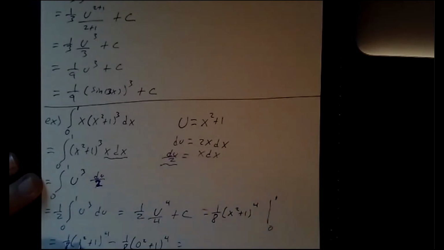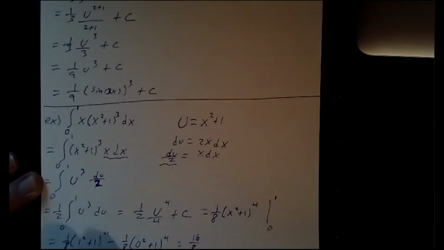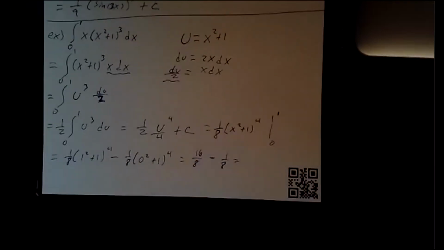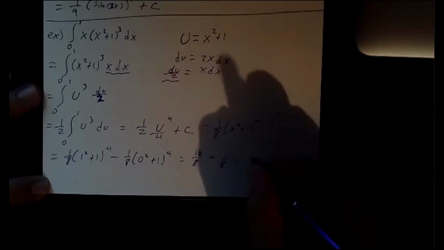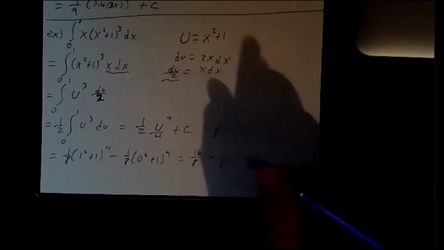This will be 2, right? 2 to the 4, that's going to be 16 over 8 minus 1 to the 4th is still 1, so that'll be 1/8. Can you move it down? Thank you. And that will be 15/8. And that's our answer.